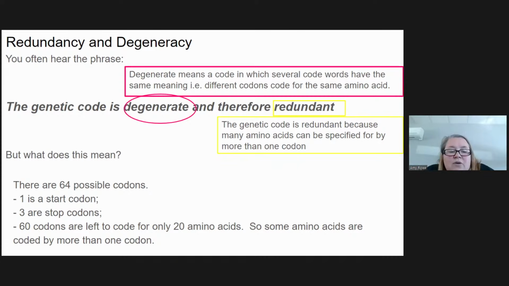And those 60 codons need to code for 20 amino acids. So some amino acids are coded for by more than one codon. In fact, most amino acids are coded for by more than one codon. And if you have a look at your codon table, you'll be able to see that in many cases, some amino acids are coded for by 5 or 6 different codons.